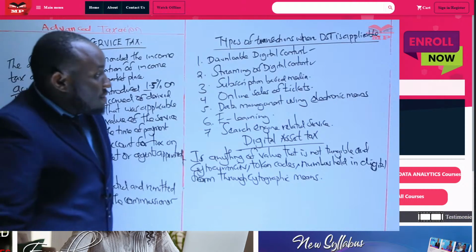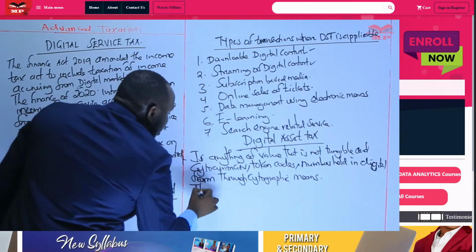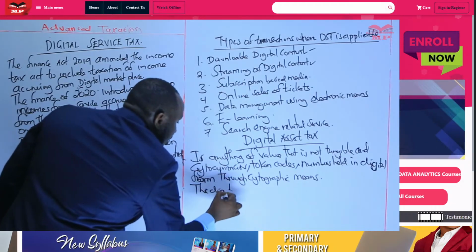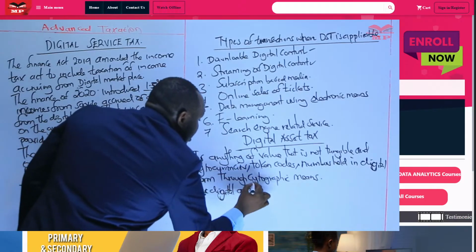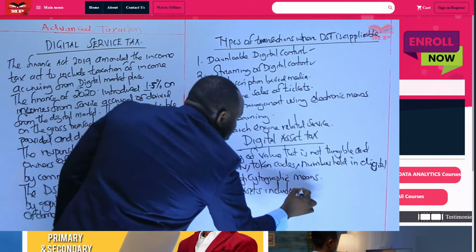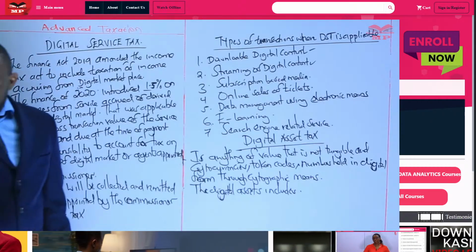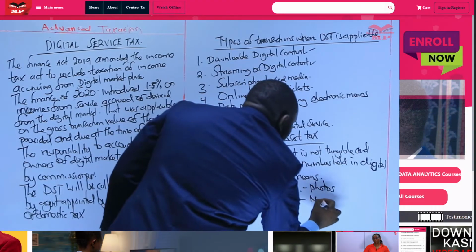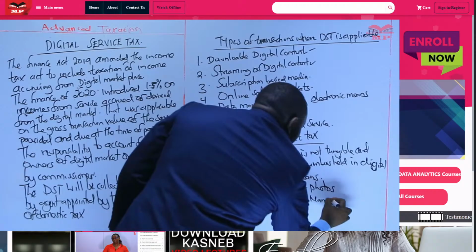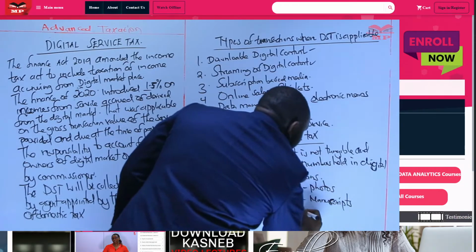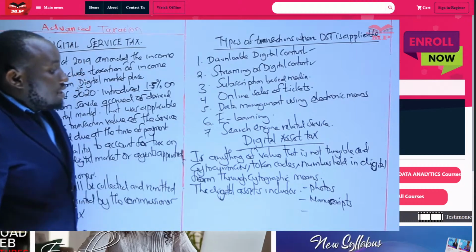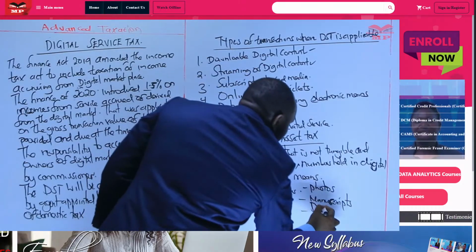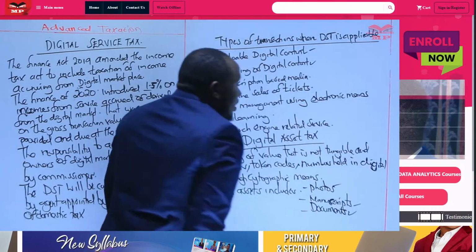So digital asset includes photos, manuscripts, documents.